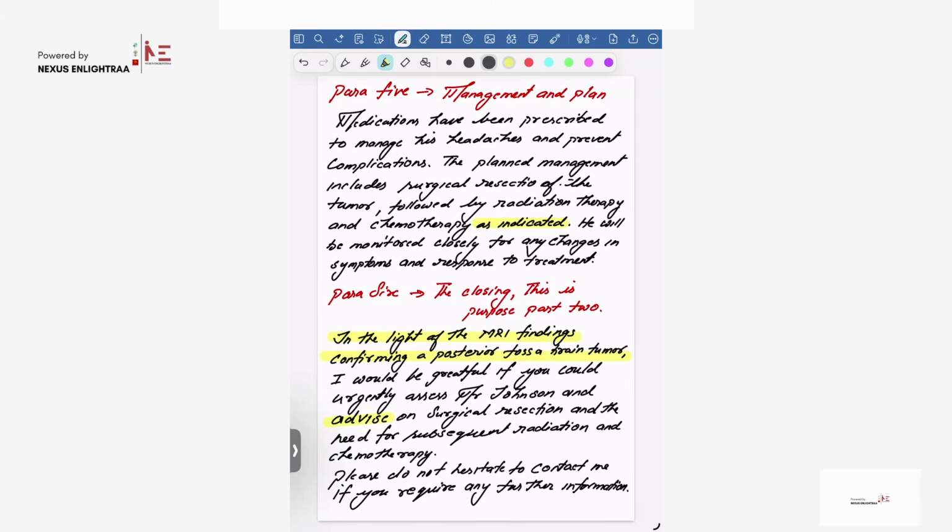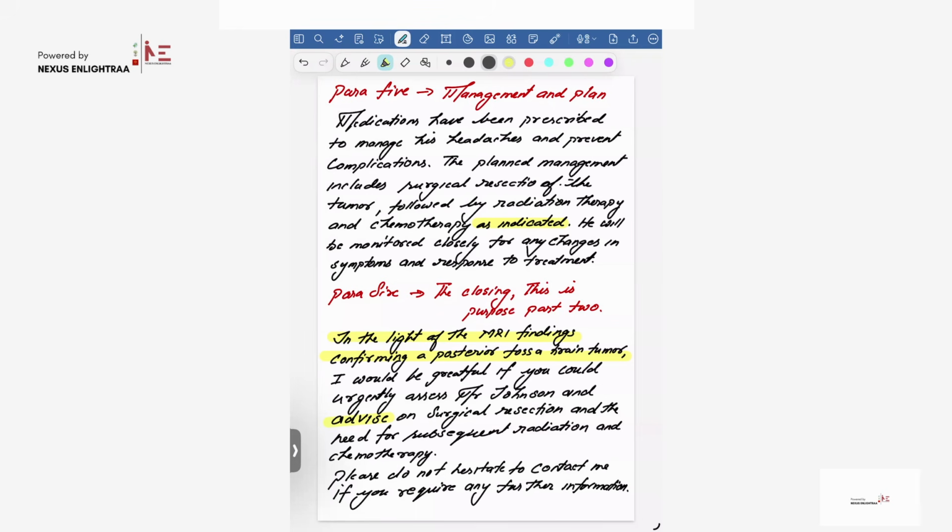This paragraph is critical, and many students forget about it or treat it as just a polite goodbye. It is not. The OET guidelines very clearly state that the closing paragraph must sufficiently expand the reason for writing by providing specific and additional details. In other words, do not just write, please contact me if needed, and stop there.